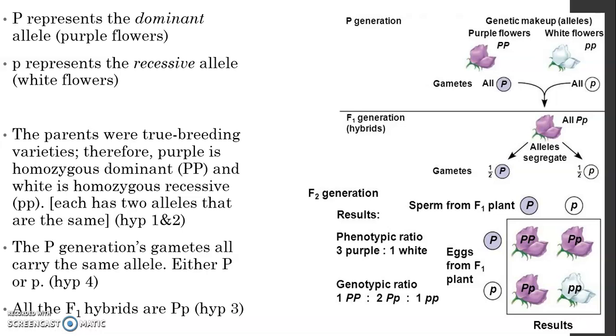I'm not going to spend a lot of time here, but this comment right here tells you how he figured out hypotheses 1 and 2. This statement is how he figured out hypothesis 4, and this one is how he figured out hypothesis 3. I'm not going to go over this, but if you want to look at it on your own, you can.